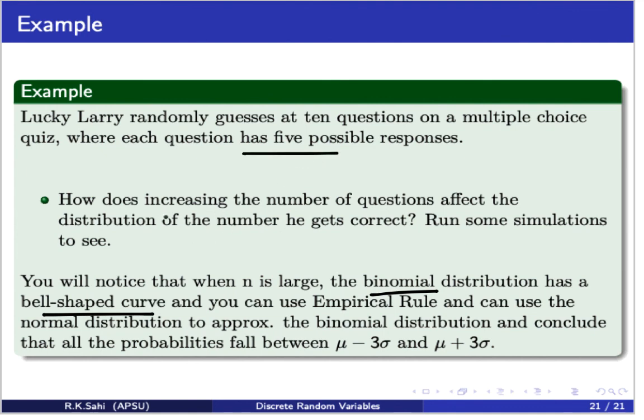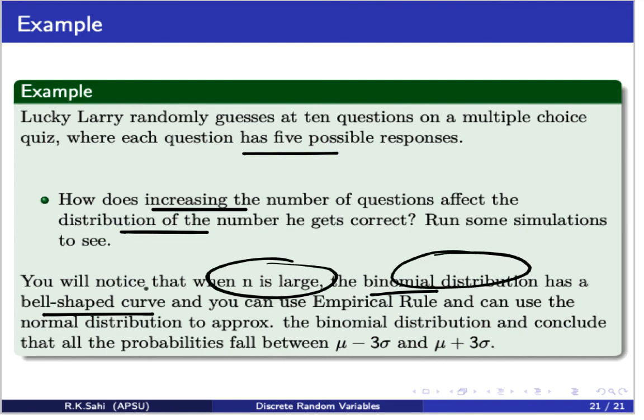The question here is how does increasing the number affect the distribution? What we notice is when n is very large, this binomial distribution becomes more like a bell-shaped curve, and we can use the empirical rule and the normal distribution to approximate a binomial distribution.